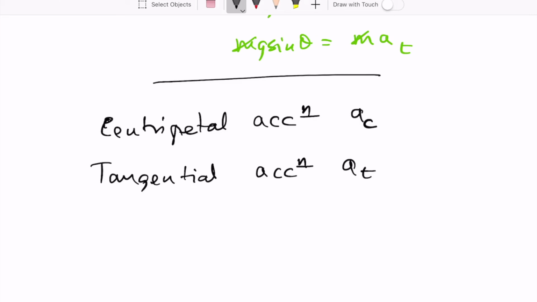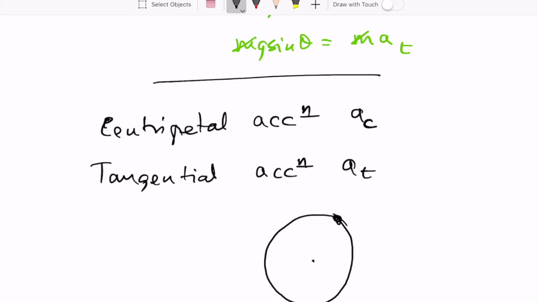All right, so what we've seen so far is that an object that's rotating is guaranteed to have a centripetal acceleration. And if it's not uniform circular motion, like if it's speeding up or slowing down, then it will have a tangential acceleration. If an object has both centripetal and tangential acceleration, then the total acceleration of the object, so here's the object going in a circle.